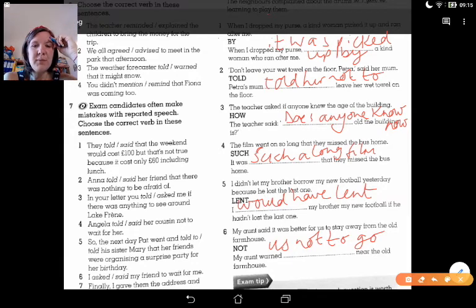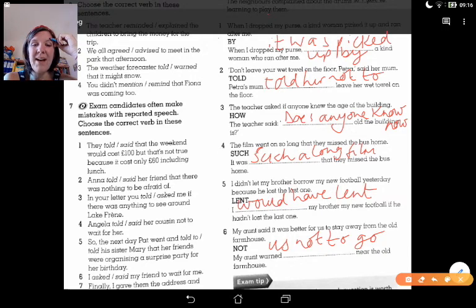Number 4, remember that we've looked at in the past the difference between so and such. So when you have so, it's followed by an adjective. When you have such, it's followed by a noun. Okay, so it was such a long film. Number 5, we have our old friend, the third conditional.